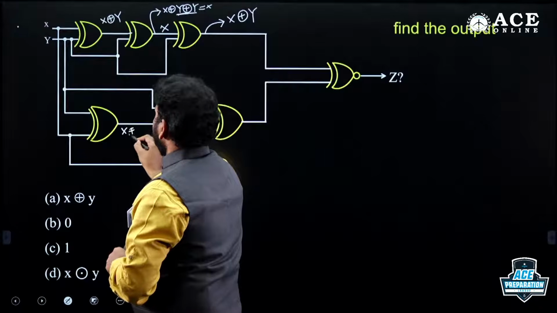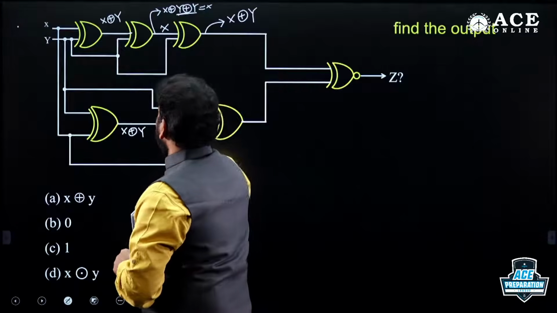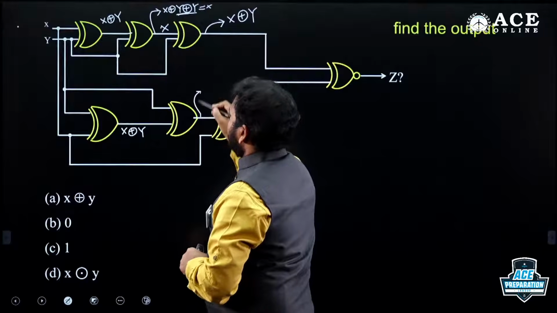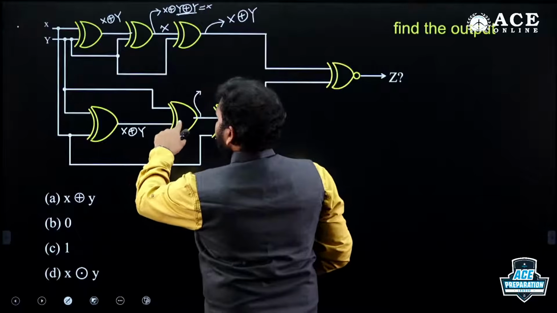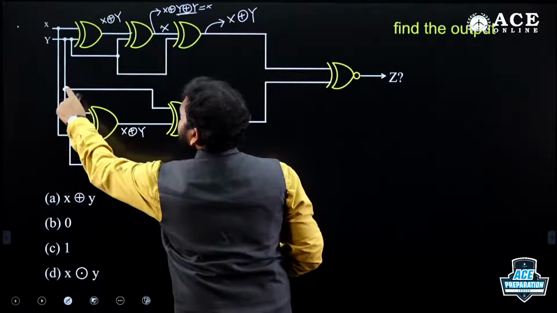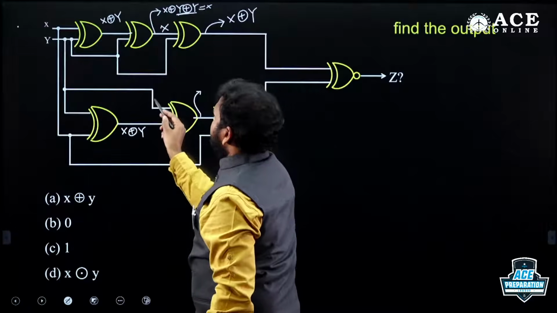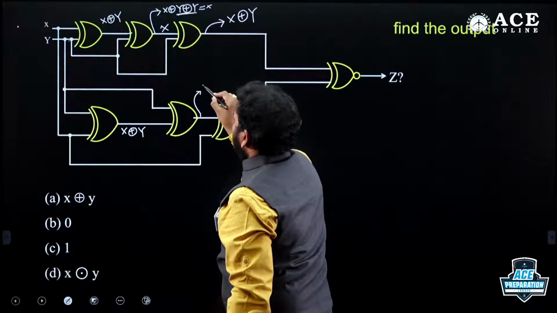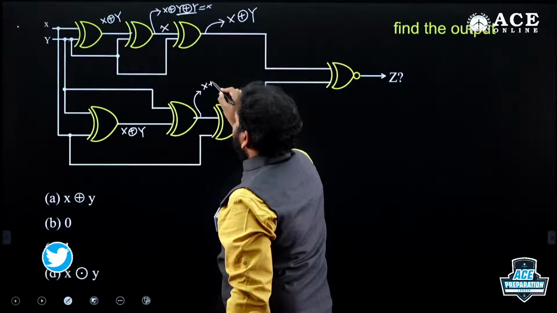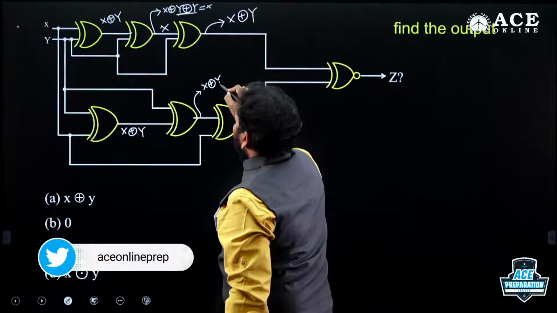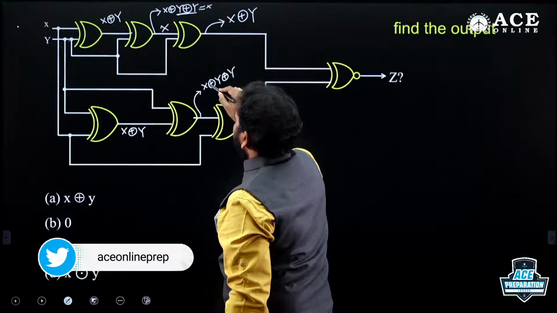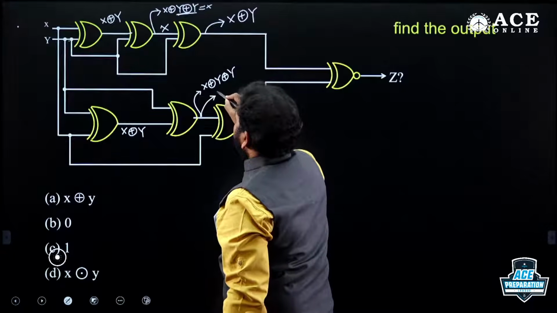X XOR Y, output of second XOR gate, X XOR Y, XOR, look at this, Y. X XOR Y XOR Y. Y XOR Y is 0, 0 XOR X. This is what? Finally X.